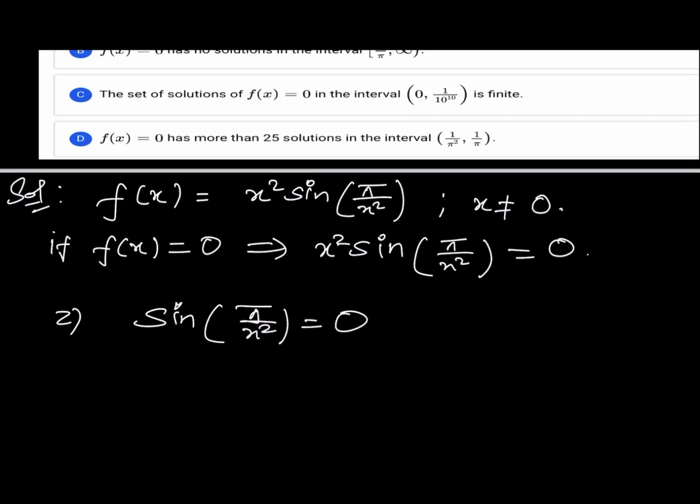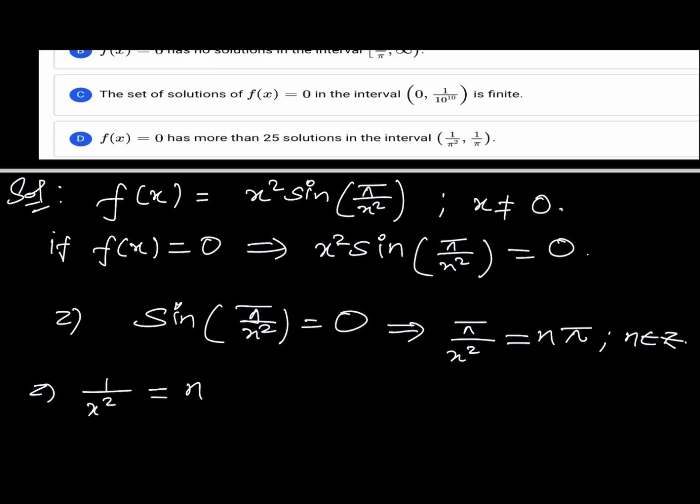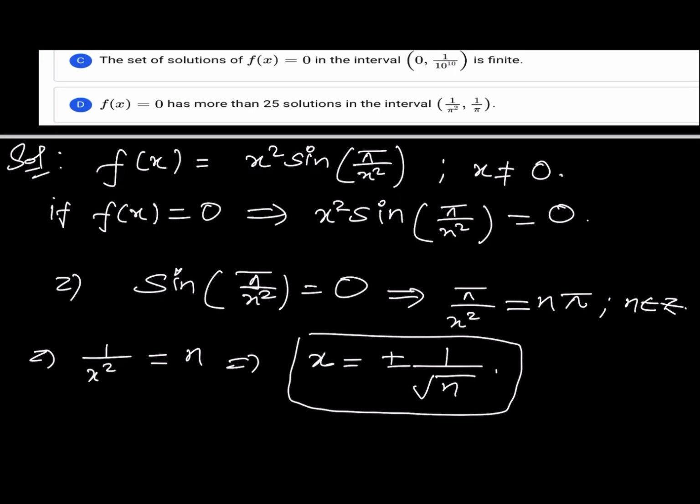We know sin θ equal to 0 implies θ is equal to nπ, where n is an integer. So π/x² is equal to nπ, where n belongs to Z, or 1/x² is equal to n. Since 1/x² is positive, n is a positive integer. So x is equal to plus minus 1 by root over n.